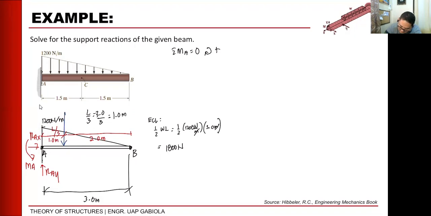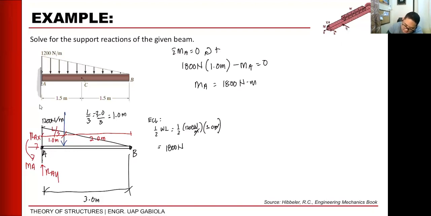So, yung loading natin, how much? 1,800 Newton times yung distance natin, which is 1.0 meters. And then, anong kasunod na? Walang RAY, walang RAX. Moment na tayo. Ang moment natin sa A is counterclockwise ang direction. So, negative MA is equals to 0. So, gagawin mo lang, transpose mo lang to the right side. Makukuha mo na agad yung value ng MA, which is 1,800 Newton meter.